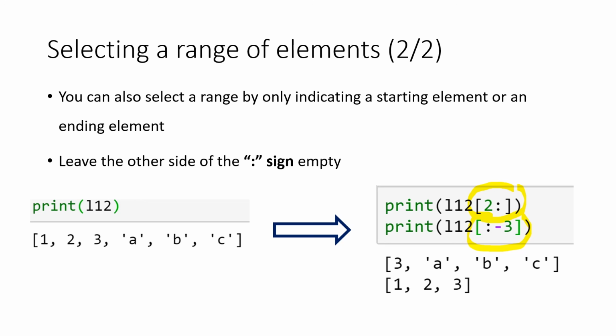If we want to have, for example, all elements from the beginning on until the third last element of the list, we can put in -3. But again, remember that the last element is exclusive. So we here have the list 1, 2, 3 with the third last element excluded of that range.